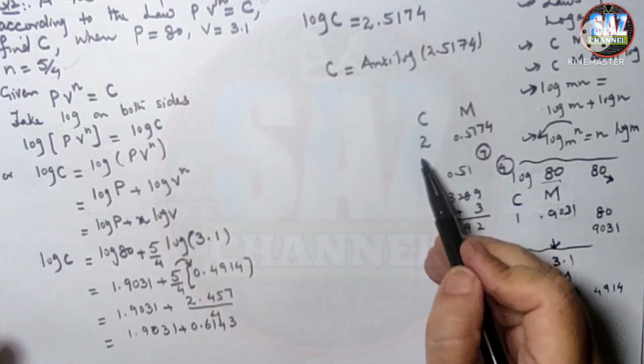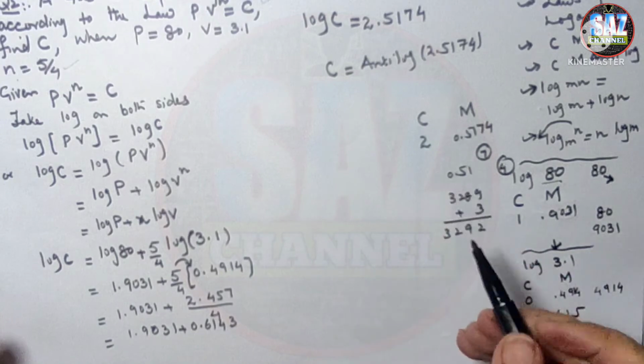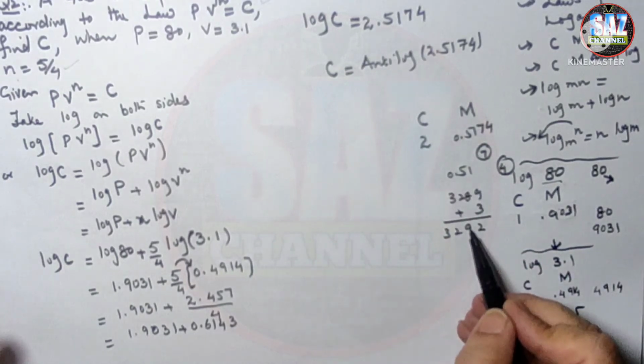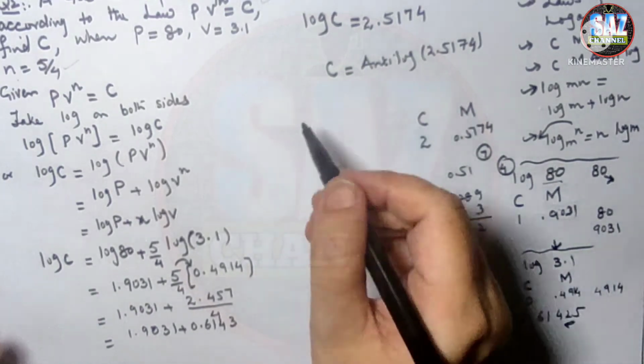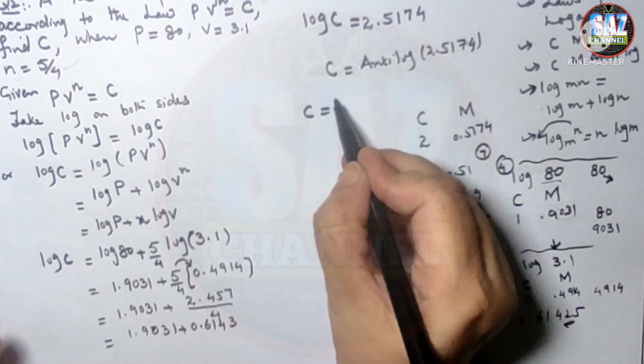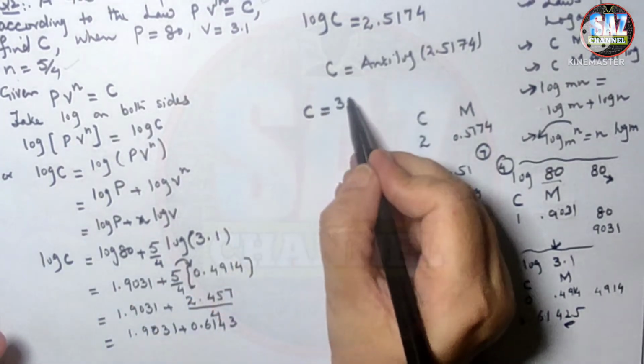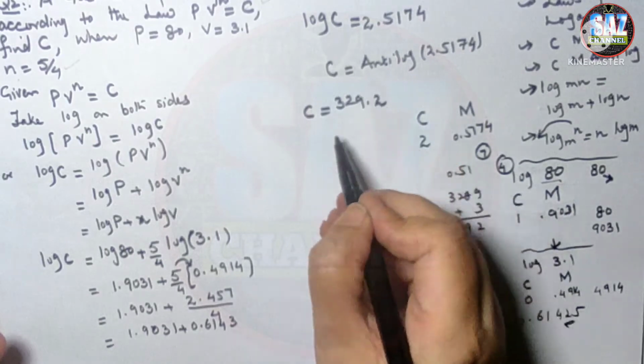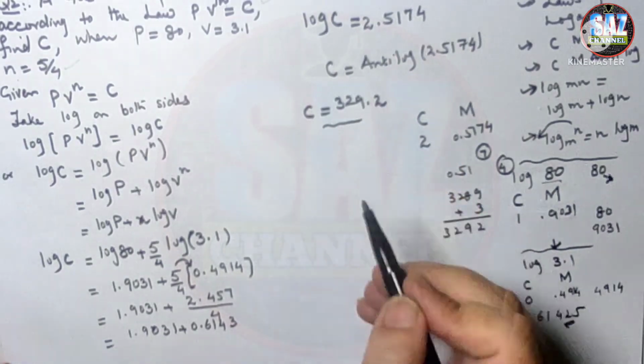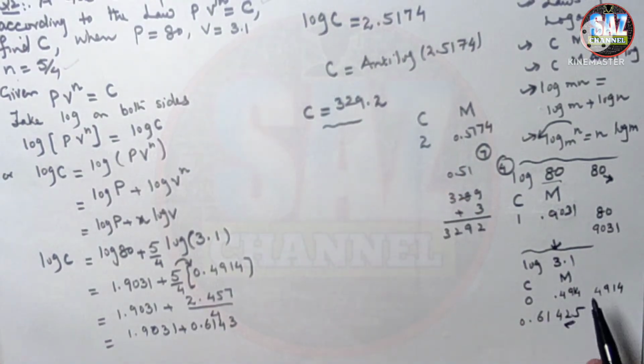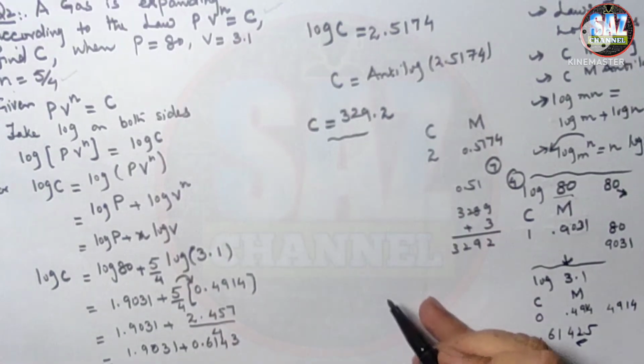Adding 1, the number comes to 3, so I have to leave 3 digits from the left-hand side. So c will be equal to 329.2. I hope you are really clear about this question, especially the role of the characteristic in antilog. Let's move to the next question.